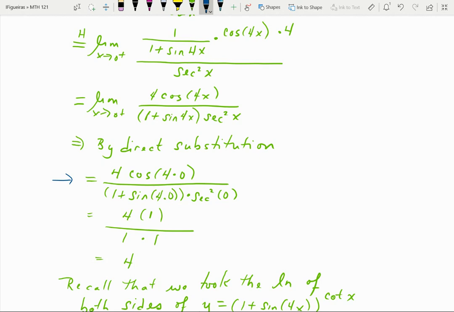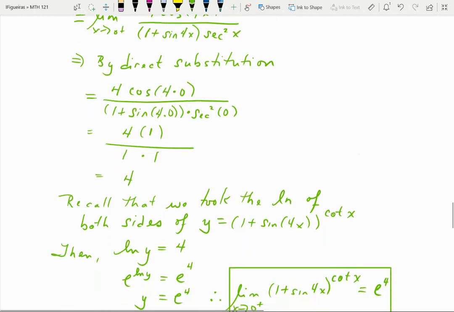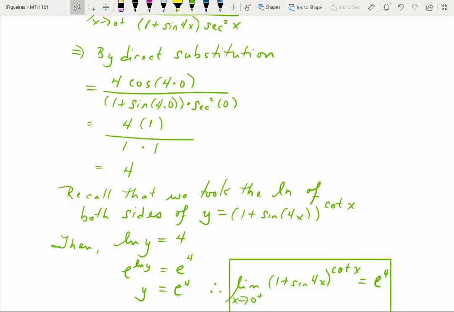And when you simplify, you get 4 times 1 over 1 times 1, and the whole thing equals 4. But that's not equal to what you were originally trying to find. Recall that we took the natural log of both sides of this equation. So the 4 means that ln of y is equal to 4.